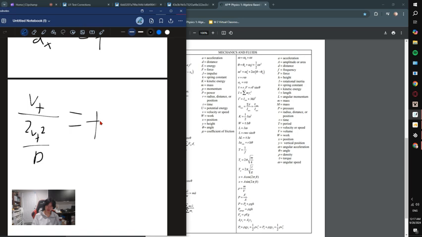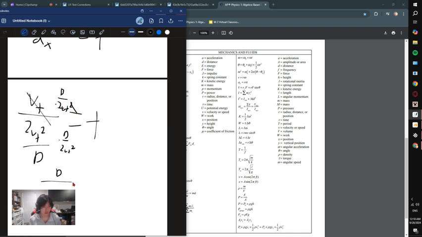Okay, and then we can just simplify this. Times d over 2Vt squared. Squared cancels out.